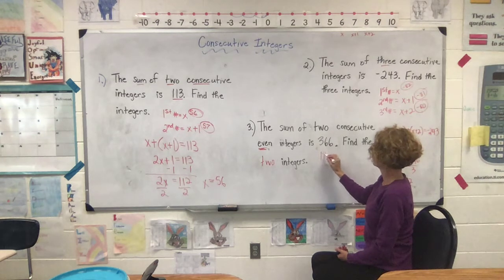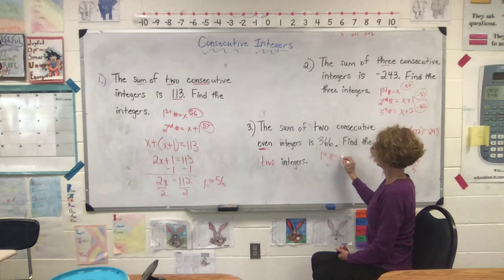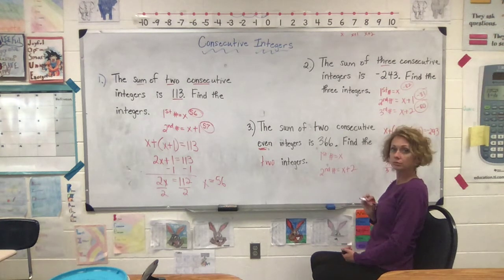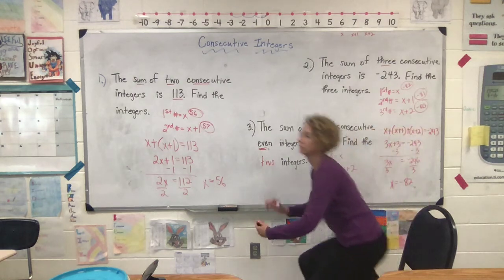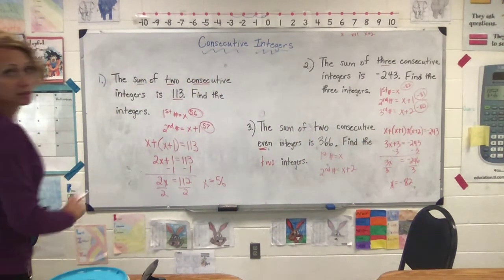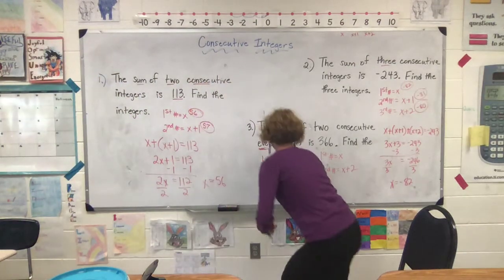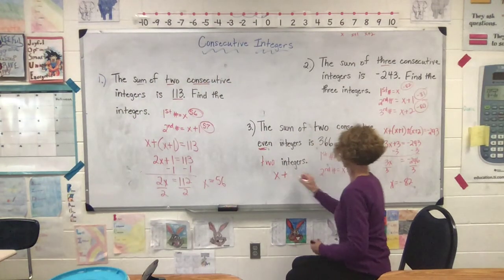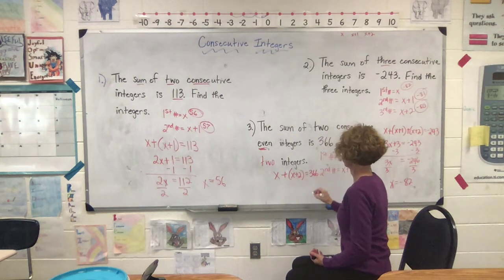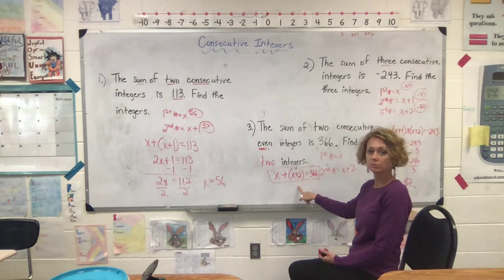So my first number would be x, but this time my second number would be x plus 2. Okay, so now I'm going to set up my equation as x plus x plus 2 equal to 366. That's the equation that I'm solving for this problem.